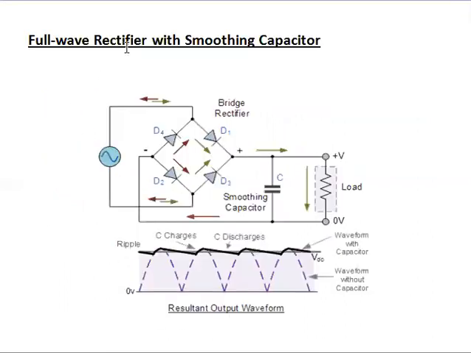Now the full wave rectifier with a smoothing capacitor. To neglect the ripple, that means to achieve a pure DC output, we have to connect a smoothing capacitor across the rectifier. So here this is the full wave bridge rectifier, and I connected a capacitor across it as shown in this circuit diagram. The output which is passing through the load will appear across the capacitor.